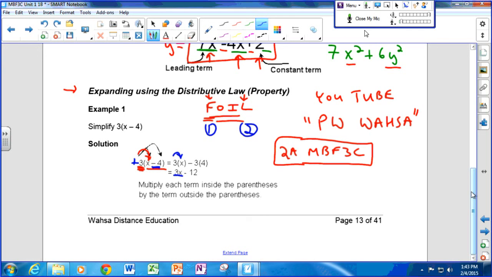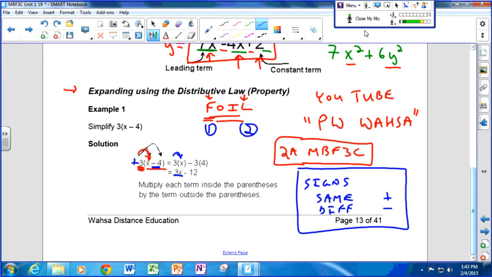If the signs are the same, then the result is positive, and if they're different, then the result is negative. That's when we're multiplying signed numbers, signed variables, anything. If you're not sure about this, write this little chart down: if the signs are the same, the result is positive, and if the signs are different, the result is negative.